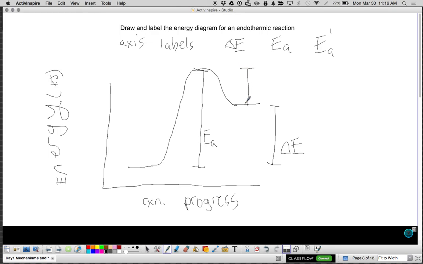And this value from the products to the activated complex, we should probably have labeled that activated complex, is EA prime.